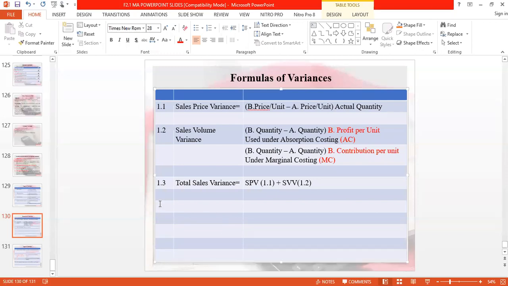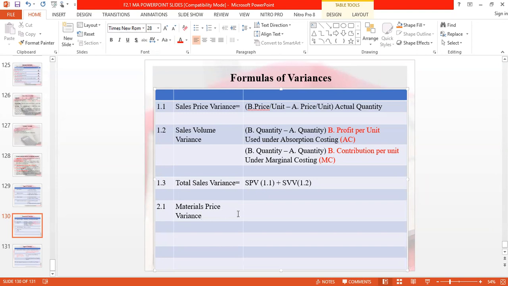Okay, so next 2.1. 2.1 is materials price variance. Today we are just listing formulas. How do we calculate materials price variance?